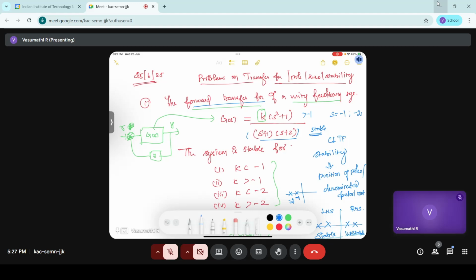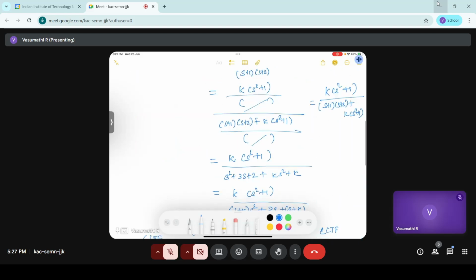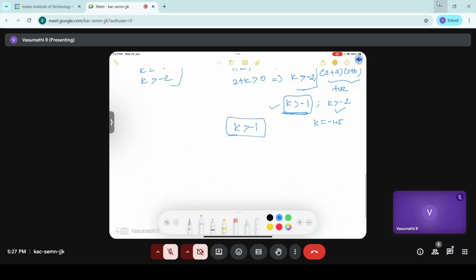If it is not given, consider a unity negative feedback system and proceed with finding the closed loop transfer function. Then find the characteristic equation, whose roots give you the pole locations or the condition that is to be satisfied to make the poles lie in the left half of the s-plane. Pick that option, that will be the correct option. These are the steps to solve this kind of problem.